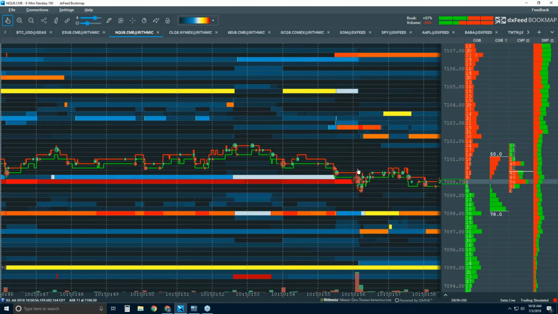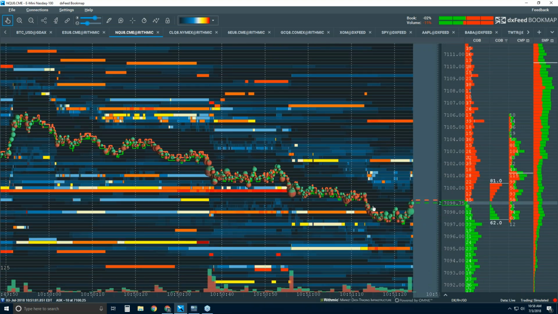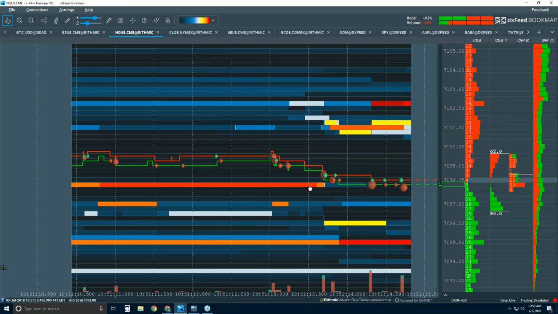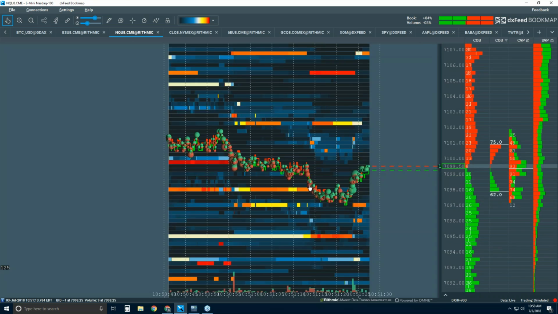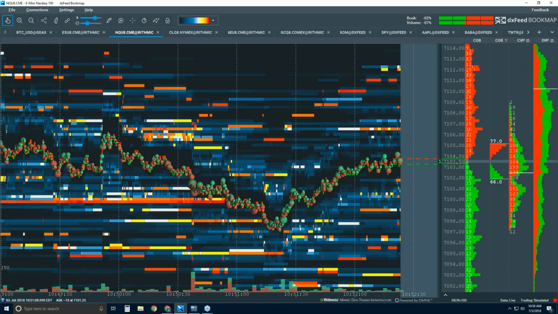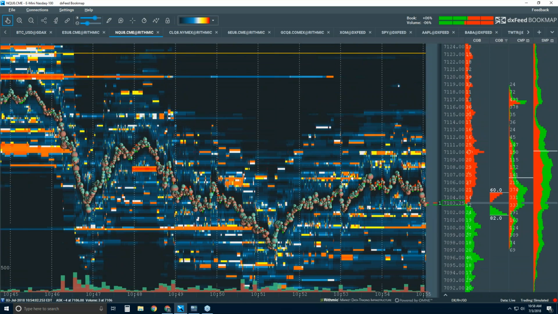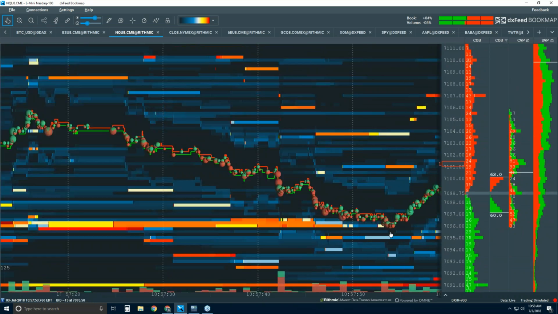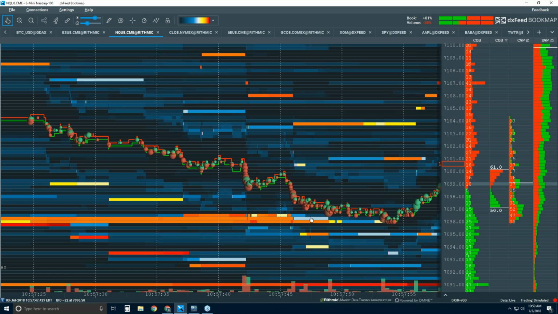But as sellers continue to move it lower, come into this area here, and yeah, it looks like they're starting to pull though. We got the pull back and the continuation. Now we just came down into 96 here. So we're just trying to note, where are the larger players? How are they getting filled?